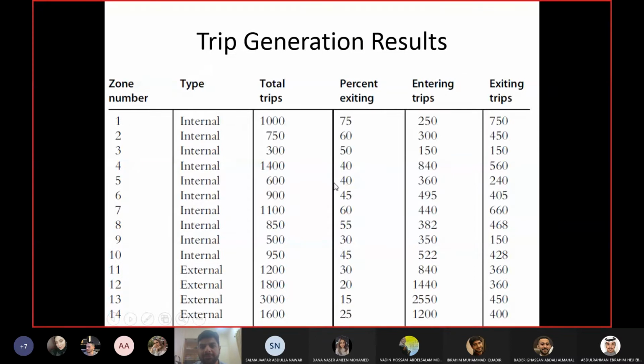The number of trips exiting becomes the trip attraction for the other zones. So for example, 450 trips are coming out of zone 2, which is 40% for this land use, whatever the land use was. So 450 trips are coming out of zone 2.